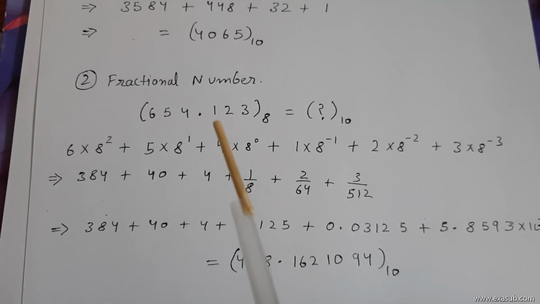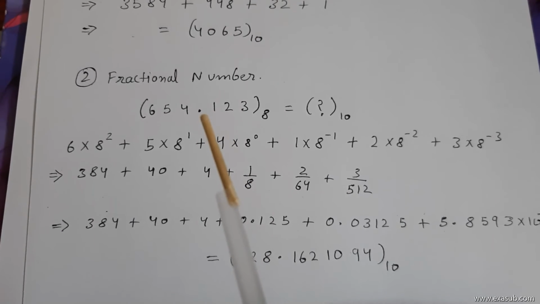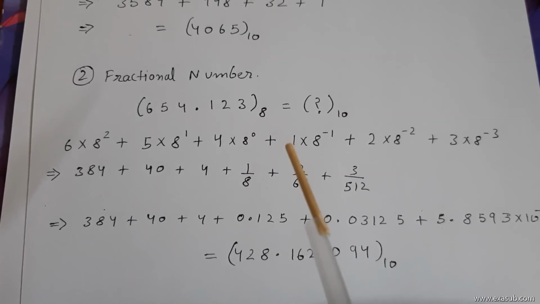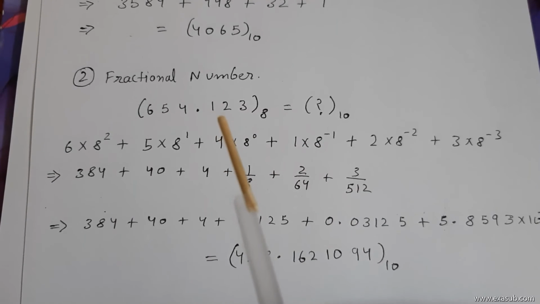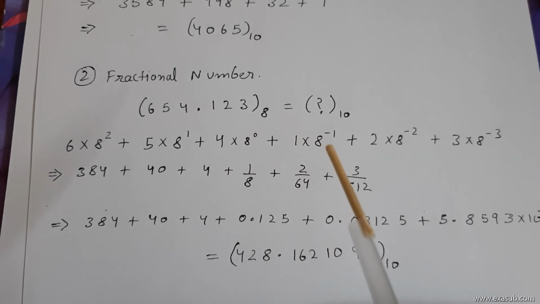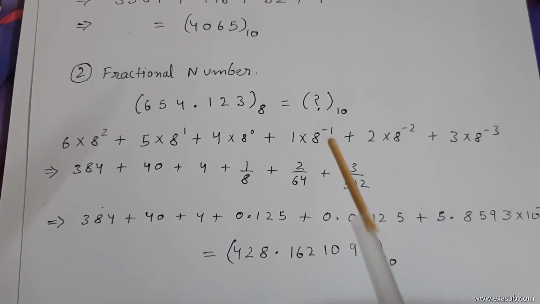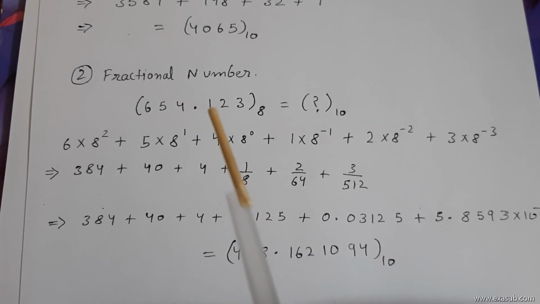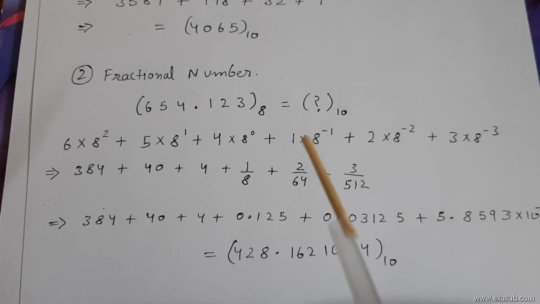Now if we take a look at the digits to the right of the decimal point, 1 is the face value, and it is multiplied by the weight. This particular position has a value of -1, and 8 to the power of -1 gives us the positional weight of this digit, multiplied by its face value, which is 1.